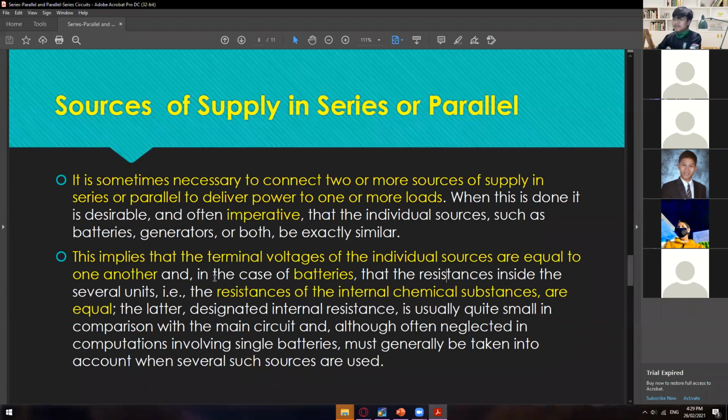In the case of batteries, the resistance inside the several units, the resistance of the internal chemical substances, must be equal. Let's say you have two batteries, say motorcycle batteries, and you want to combine them at the same time. It's not enough that they have the same voltage output.